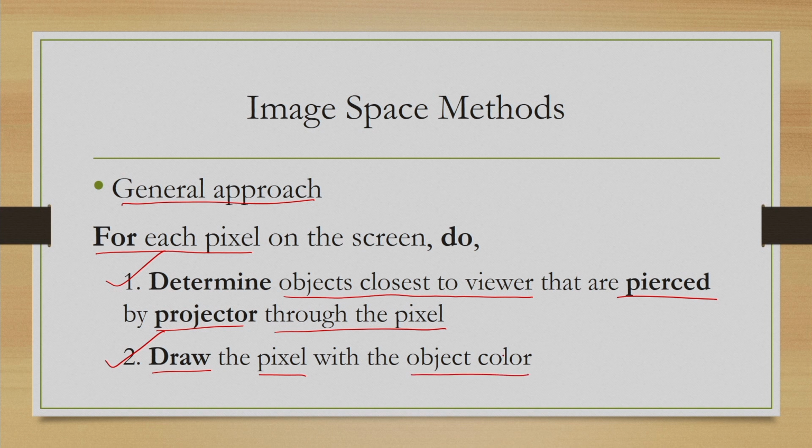So, in the first stage we determine which is the closest object that is projected on the pixel, and in the second stage we assign the pixel color as the object color, and that we do for each pixel on the screen. To compare, earlier we were doing it for each surface, here we are doing it for each pixel.